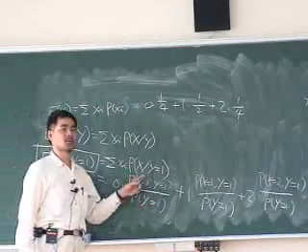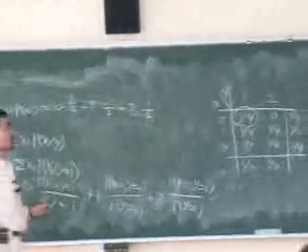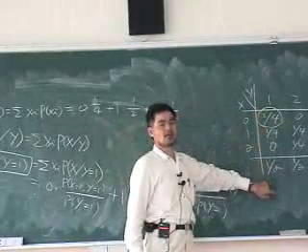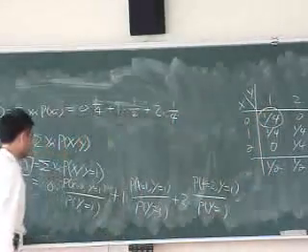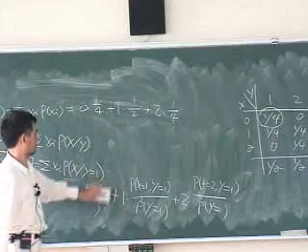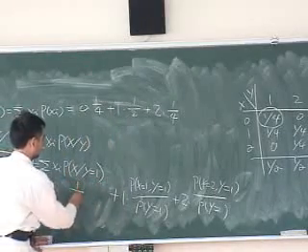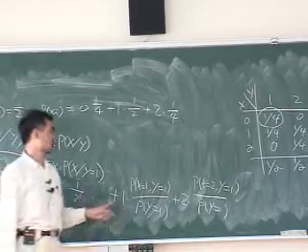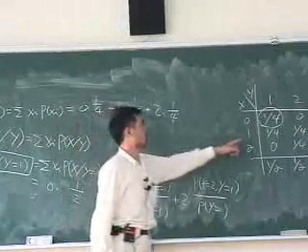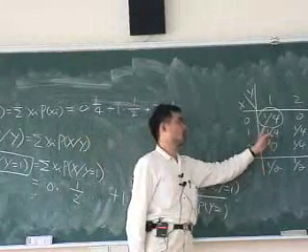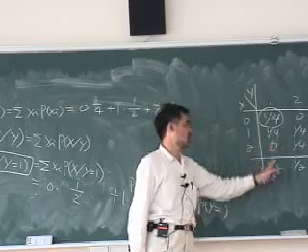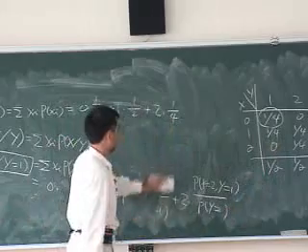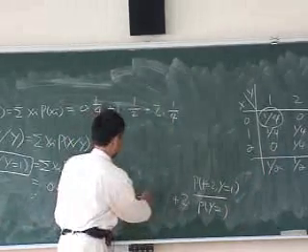And what is this probability? This is a conditional probability, that is equal to 1/4 divided by 1/2, so that is equal to 1/2. Any questions here? What about the second one? It is 1/4 divided by 1/2, so that is also 1/2.